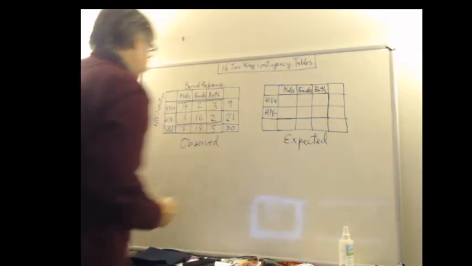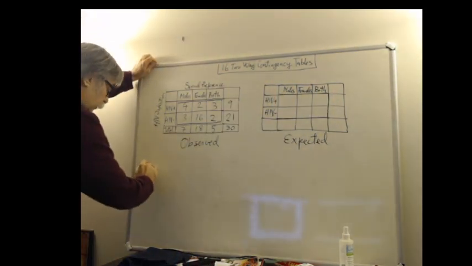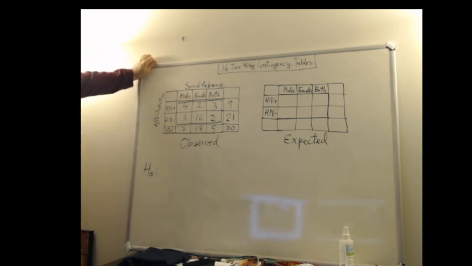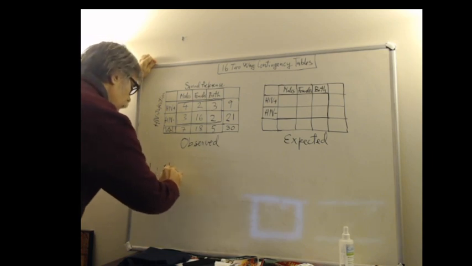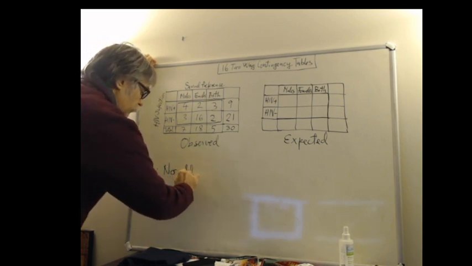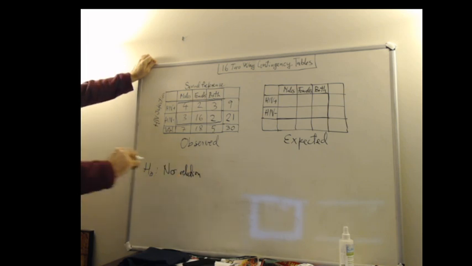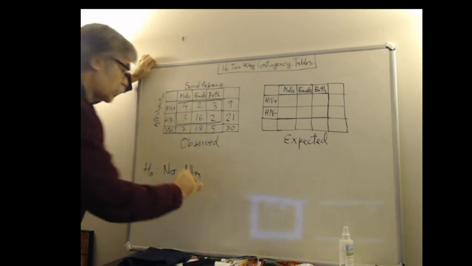First of all, I have a setup of a test. The null hypothesis, H0, is that there is no relation between the sexual preference and HIV infection.